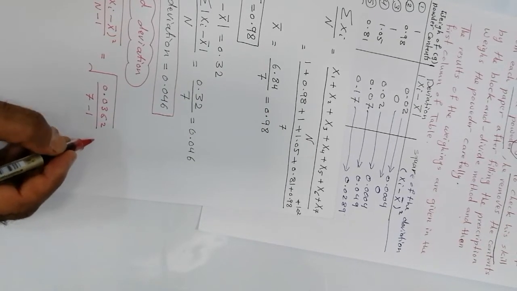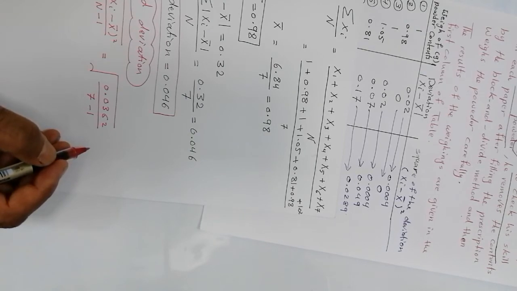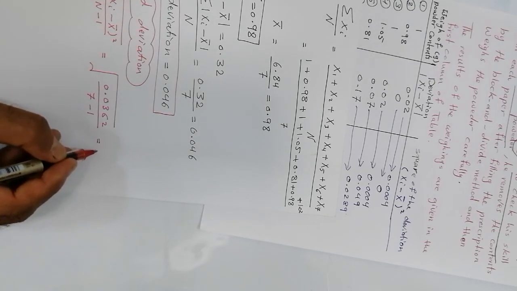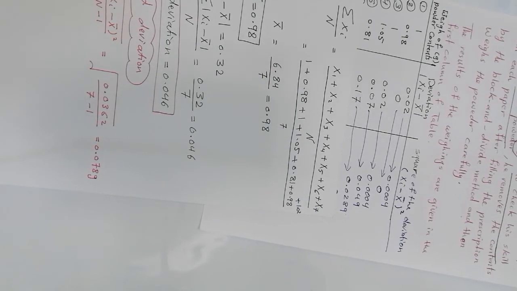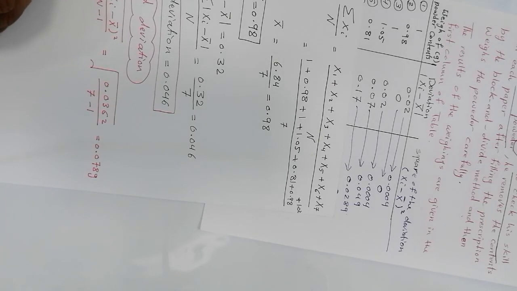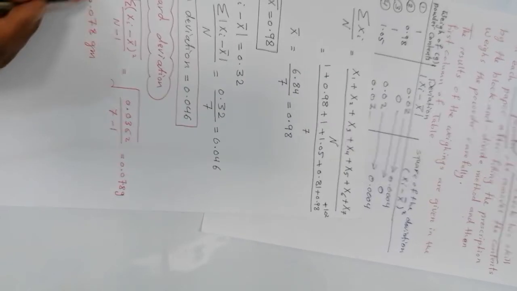Therefore, we calculate this value and we get 0.078 gram. This represents the standard deviation. This value is very important. Sigma equals 0.078 gram.